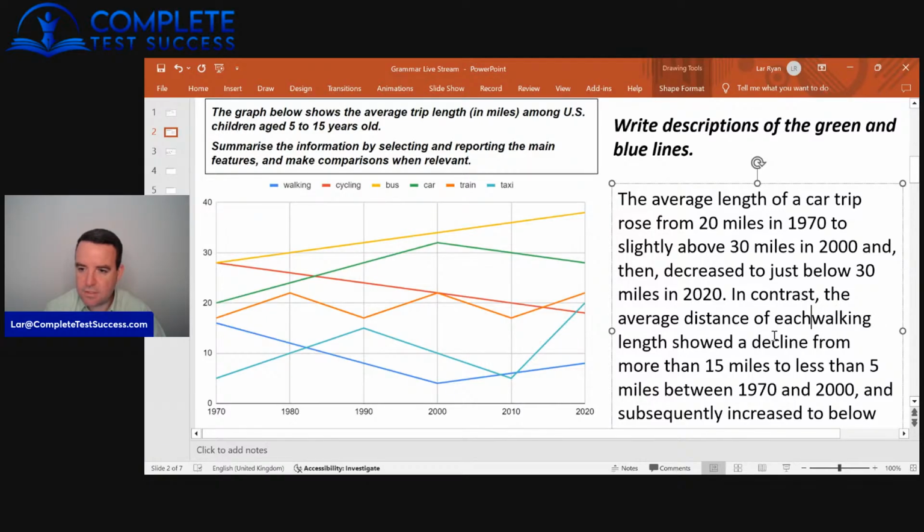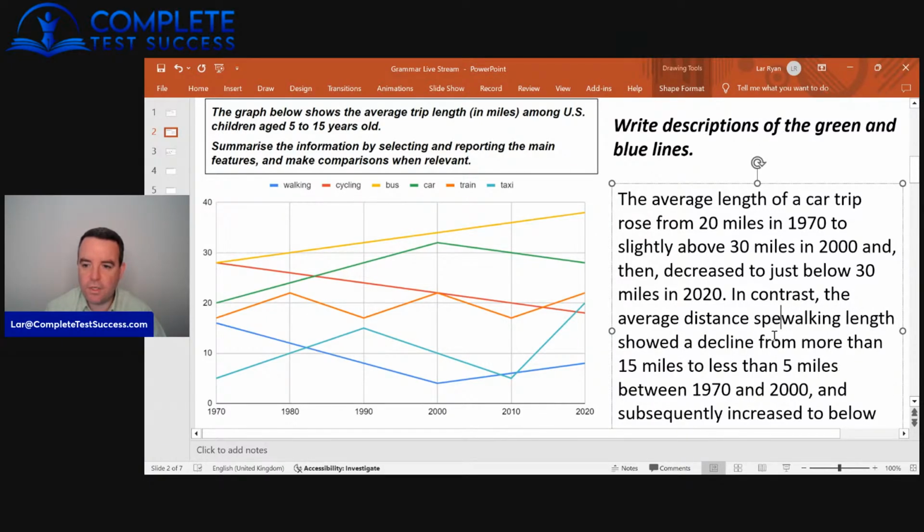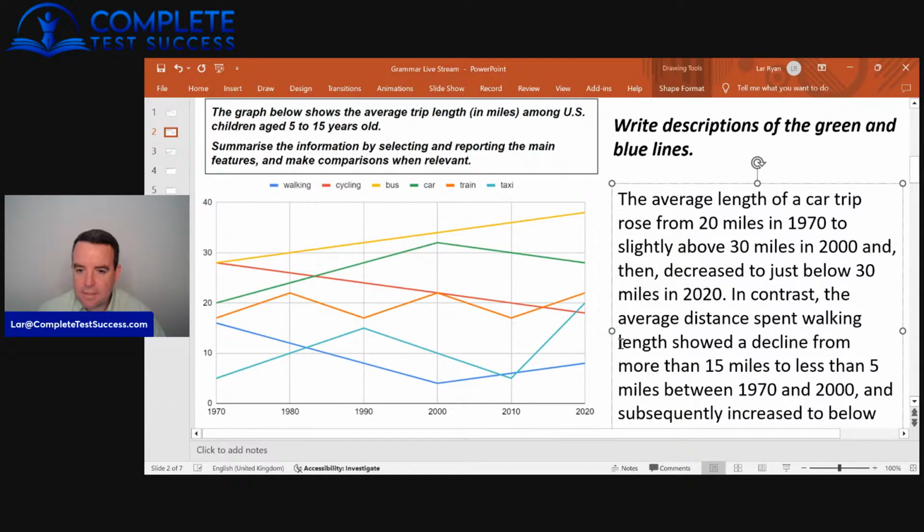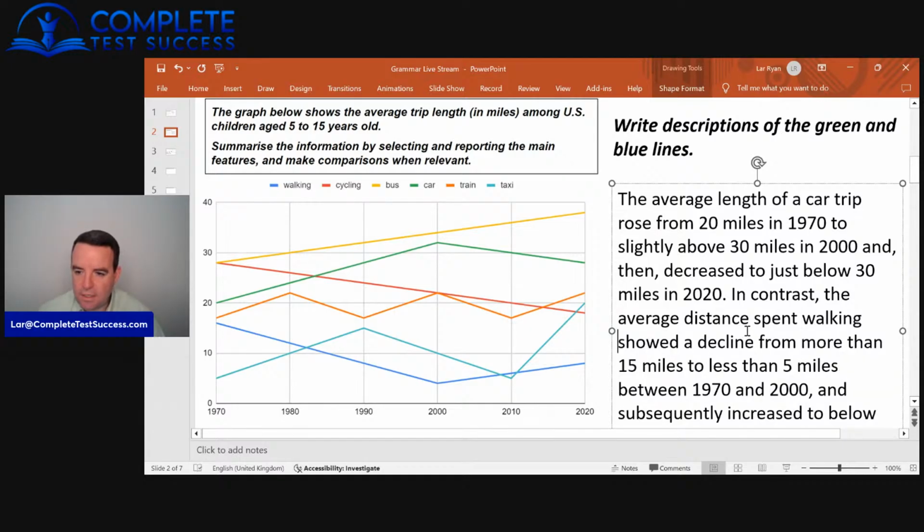The average distance, maybe the average distance spent walking. And we can just remove that. "Showed a decline from more than 15 miles to less than 5 miles between 1970 and 2000," excuse me, 2020. So 15 to 5. So what are we looking at? Walking here is the blue line, 15 down to 5. Good.